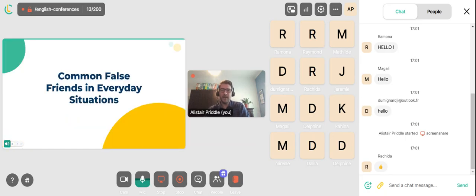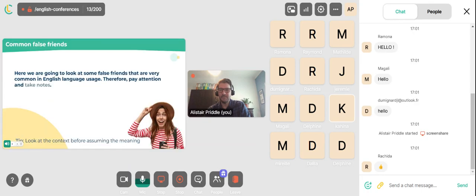So we're going to think about common false friends in everyday situations. So here we're going to look at some false friends that are very common in English language usage. Therefore, pay attention and please take notes if you wish. We have a tip as well. Look at the context before assuming the meaning.